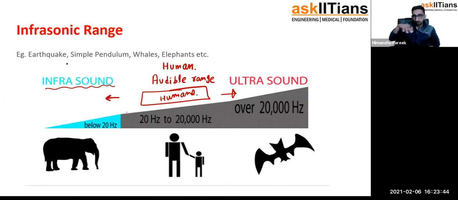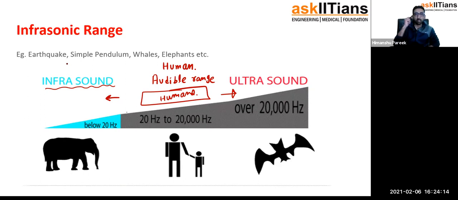Those seismic waves have frequencies even lower than 20 hertz, 0.01 hertz to 10 hertz, depending upon the intensity of the earthquake. That's why we are not able to hear the movement of the seismic plates when an earthquake comes, because it is a very low frequency sound.